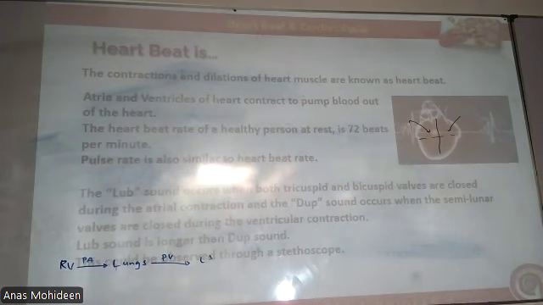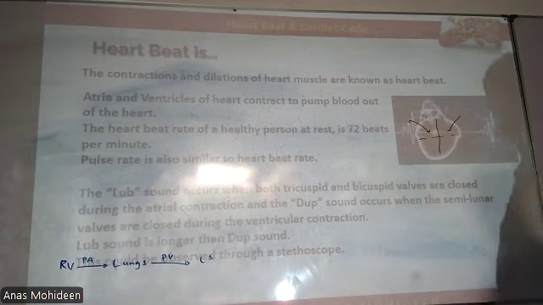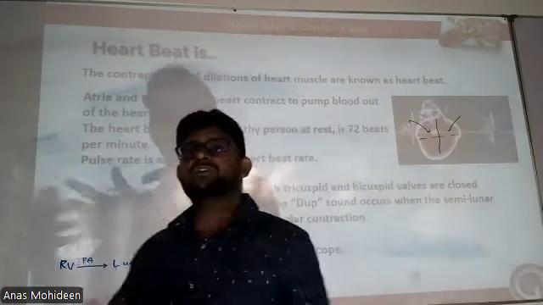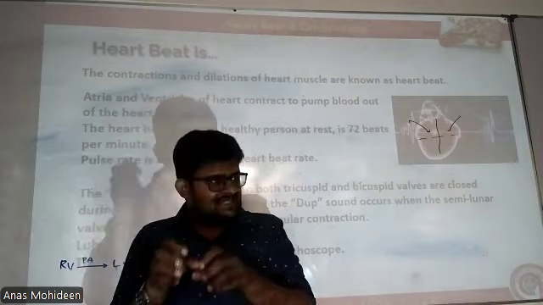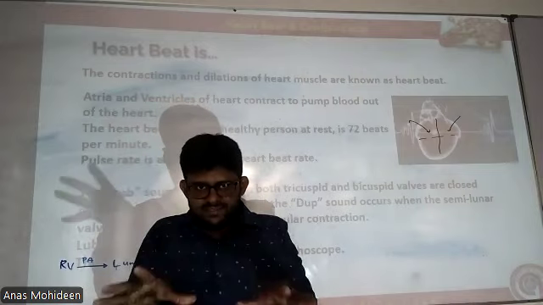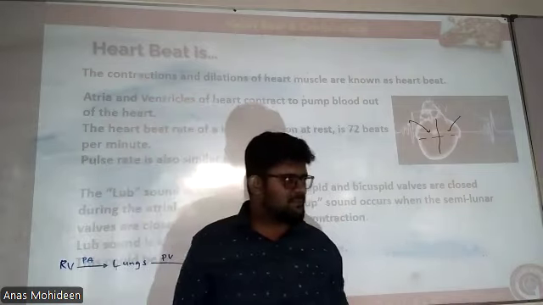After this happens, both of them relax for some time. At this time, both atria and ventricles are not contracting, they are relaxed, and they get back to their original position.